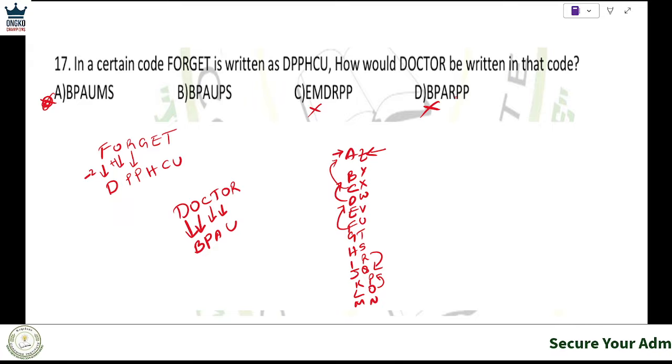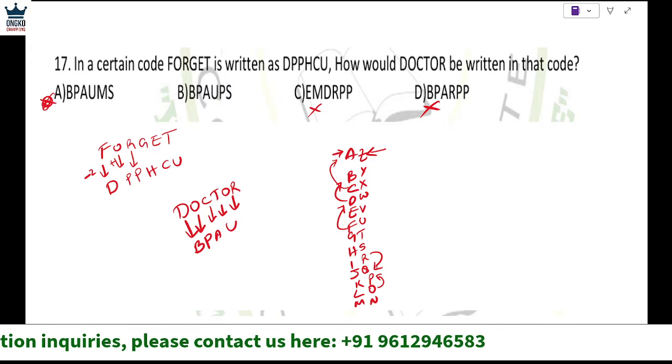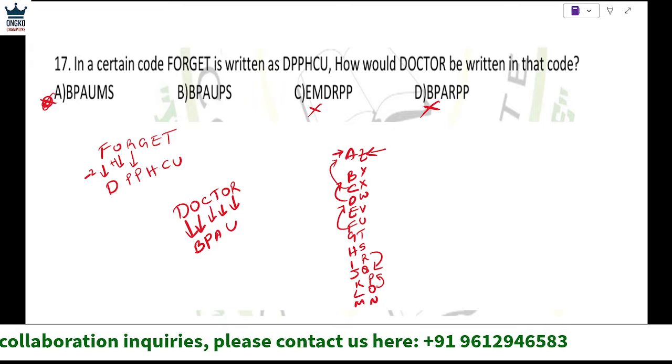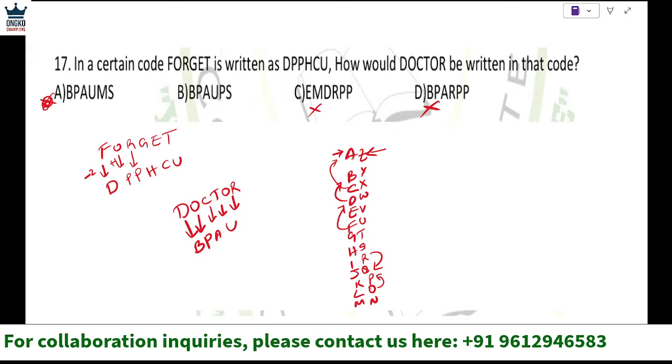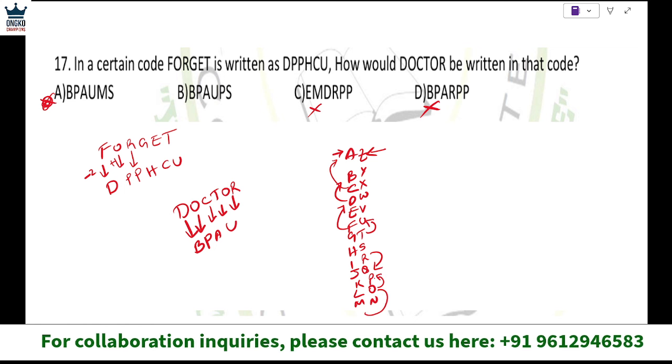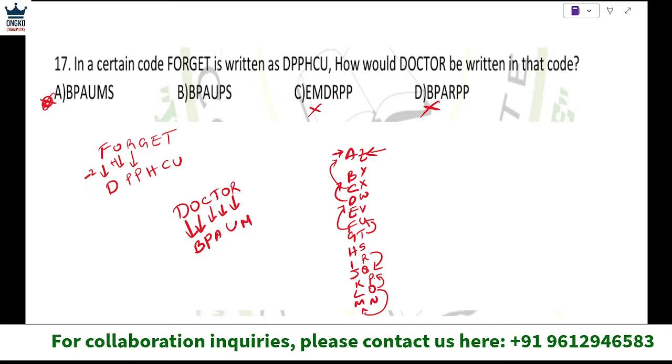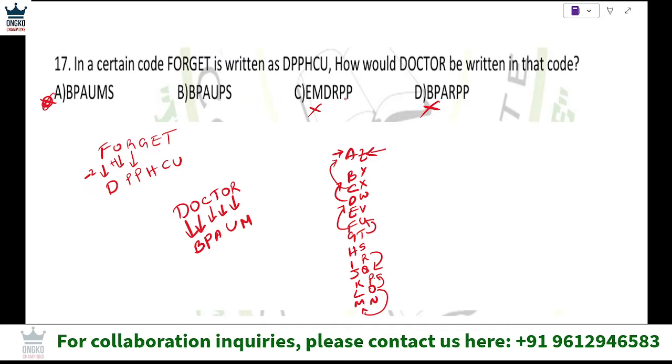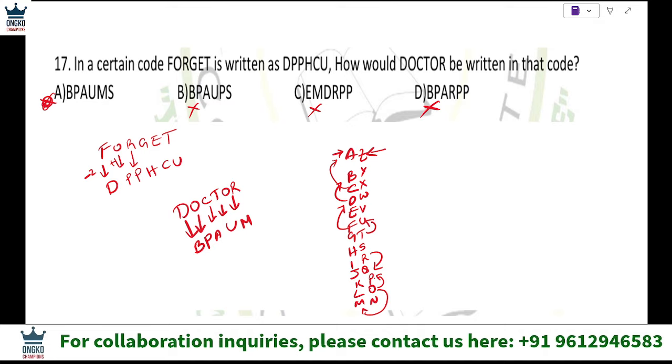This is omitted, right? Now if we apply O minus 2, but T was +1, so O minus 2 gives M. This is wrong. So A is the answer.